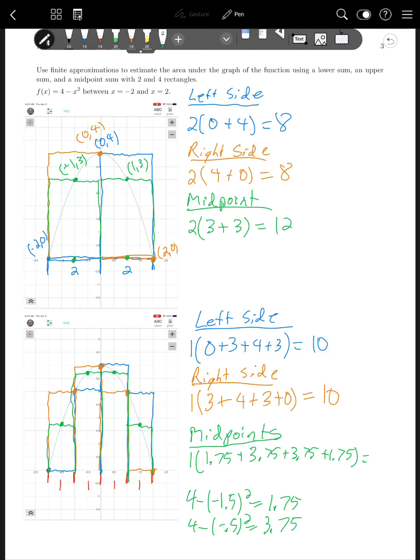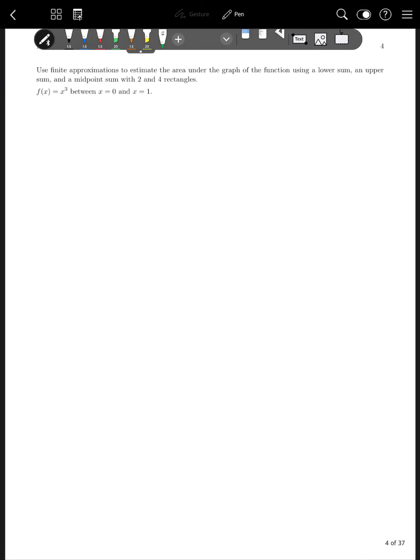And then you could do the other two, and you would get 3.75 and 1.75. Okay? And so then we do that operation. So it's 1.75 plus 3.75 plus 3.75 plus 1.75 is 11. Okay? And so that's the idea.